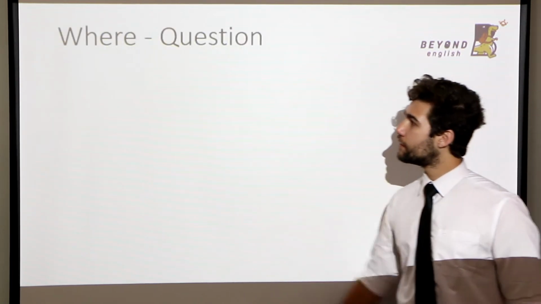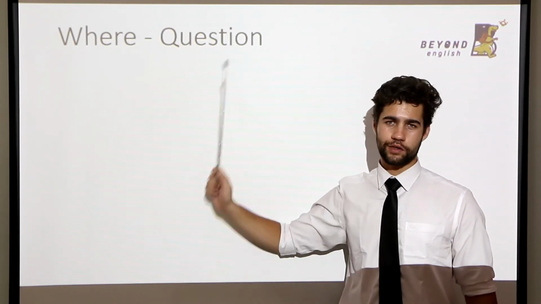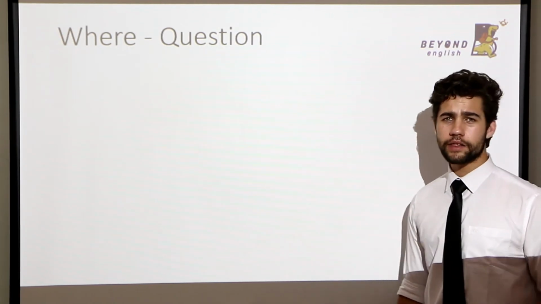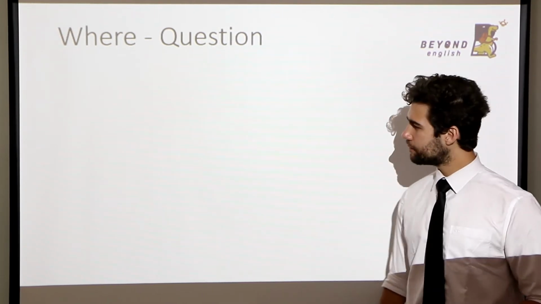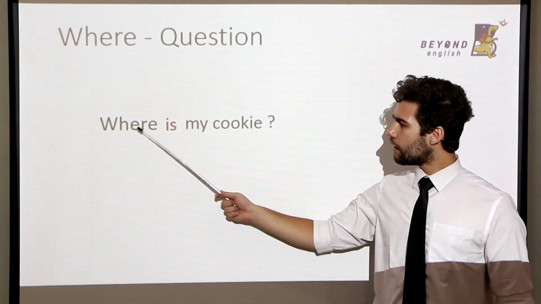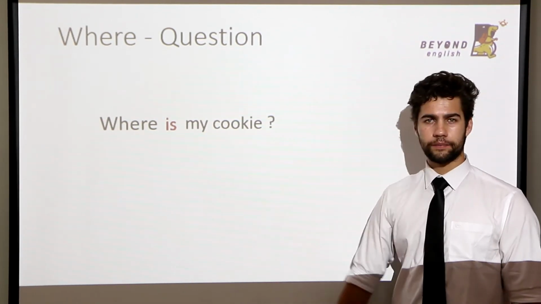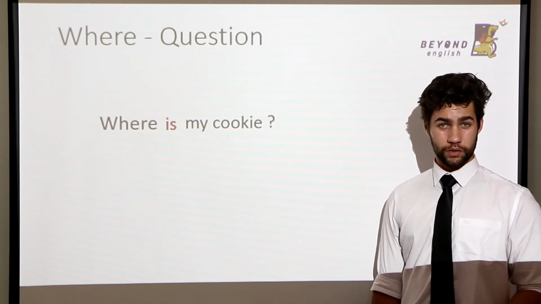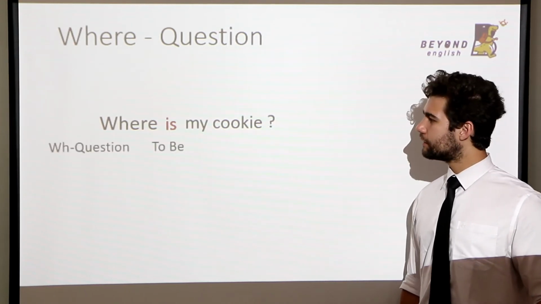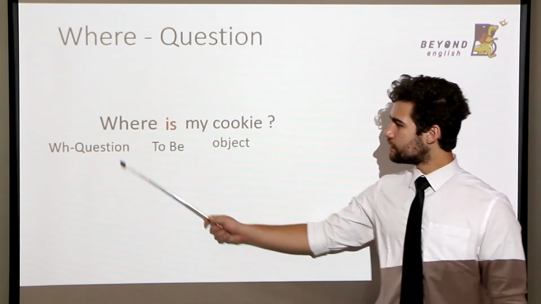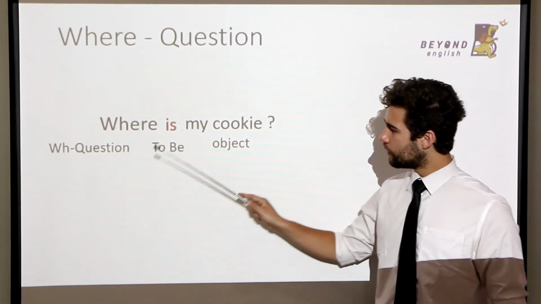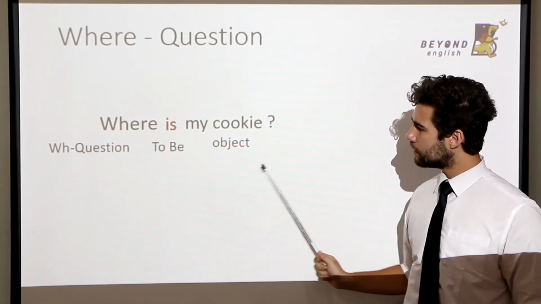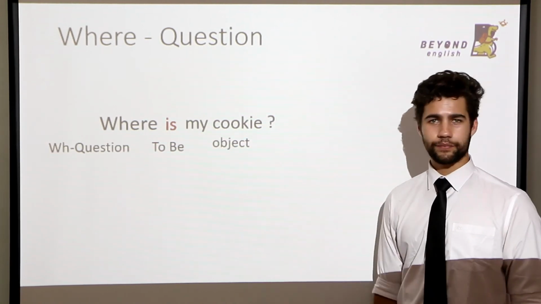Next, we have the where question. Let's look at a sentence. Where is my cookie? Okay, let's look at the structure. So, we have the same WH question, verb to be, object.